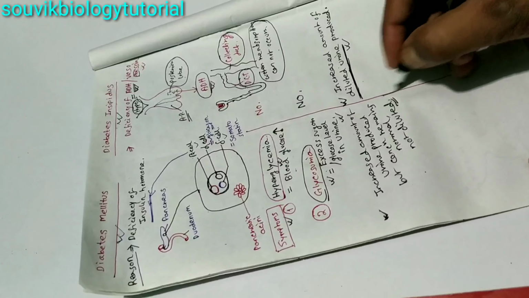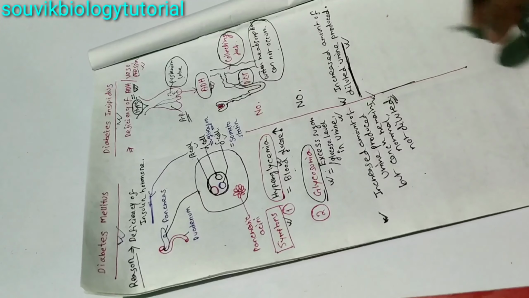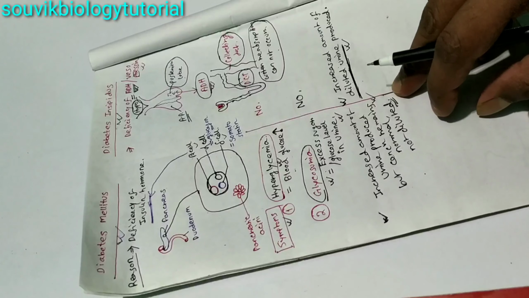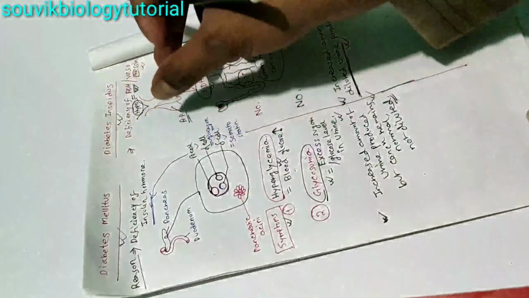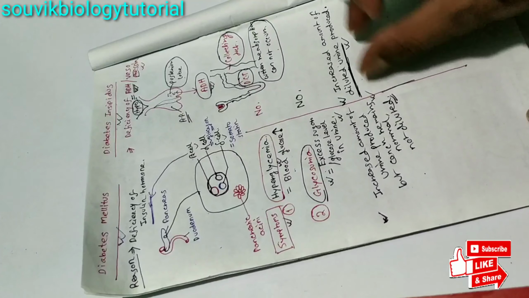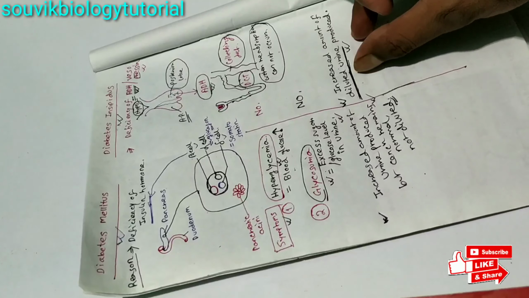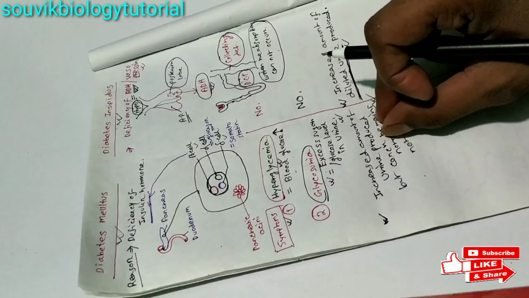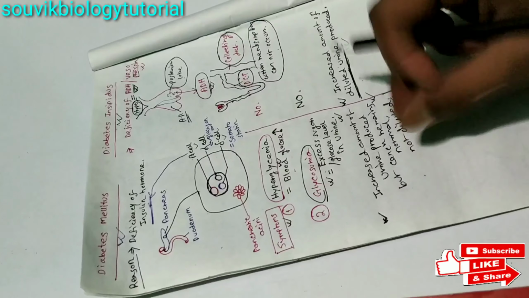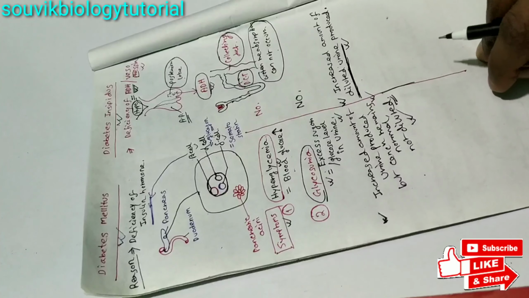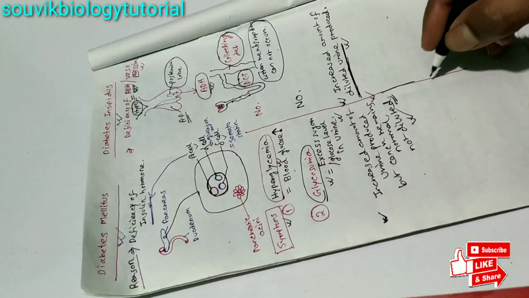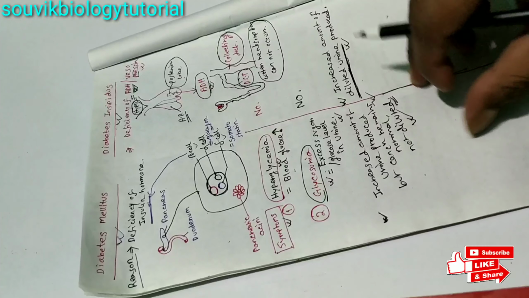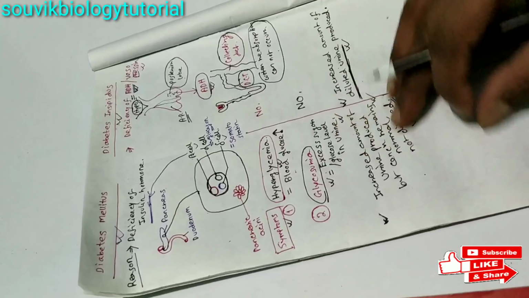So this is the main difference in respect to symptoms of diabetes mellitus and diabetes insipidus. Here increased amount of diluted urine is produced, here increased amount of urine is produced, but the concentration remains normal, not diluted urine produced here in case of diabetes mellitus. Okay, so these are the differences.